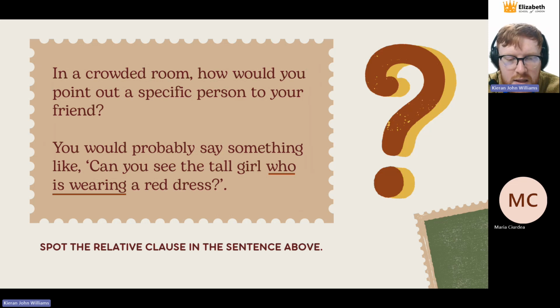So this part here, the girl who is wearing a red dress, this is an example of a relative clause. That is what we're going to be having a look at in our session today.